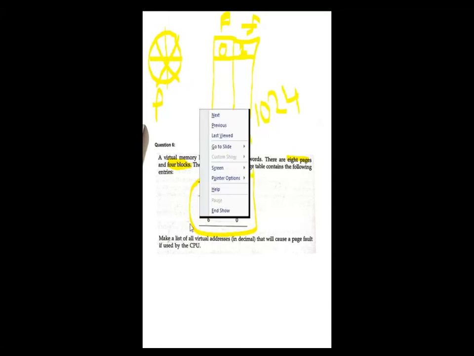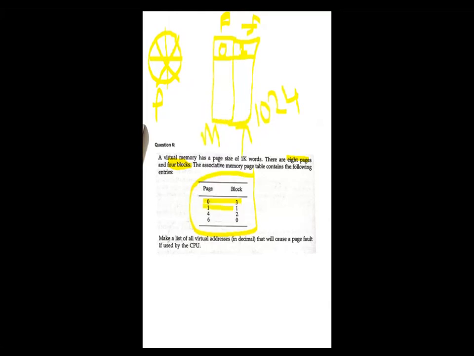So page 0 is present in frame 3, that is block 3. So in memory, you have to go to frame 3, and this frame actually has page 0. Similarly, page 1 is present in which frame? Block 1. Similarly, page 4 is present in the second block, and page 6 is present in the third block.